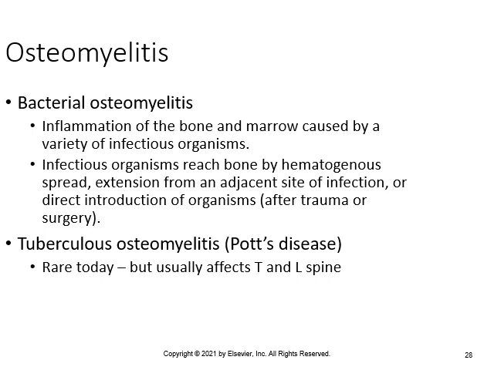Now, sometimes a tuberculosis infection can cause osteomyelitis, and when that happens, we call it Pott's disease. This is really rare today just because tuberculosis numbers are so low, but it usually affects the mid-thoracic to upper lumbar spine if it does.